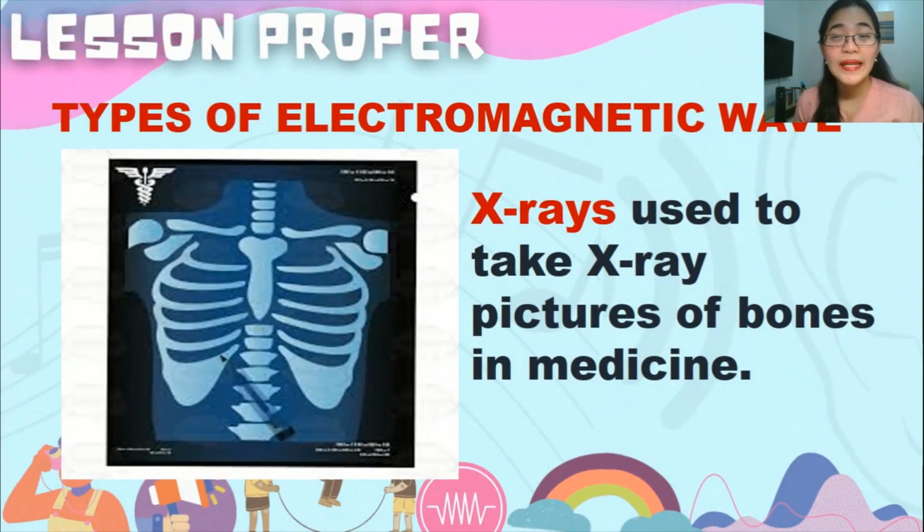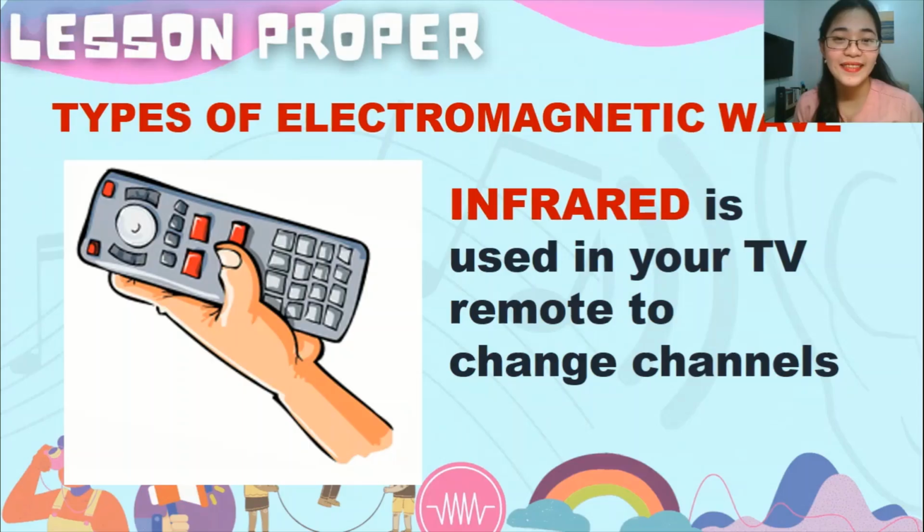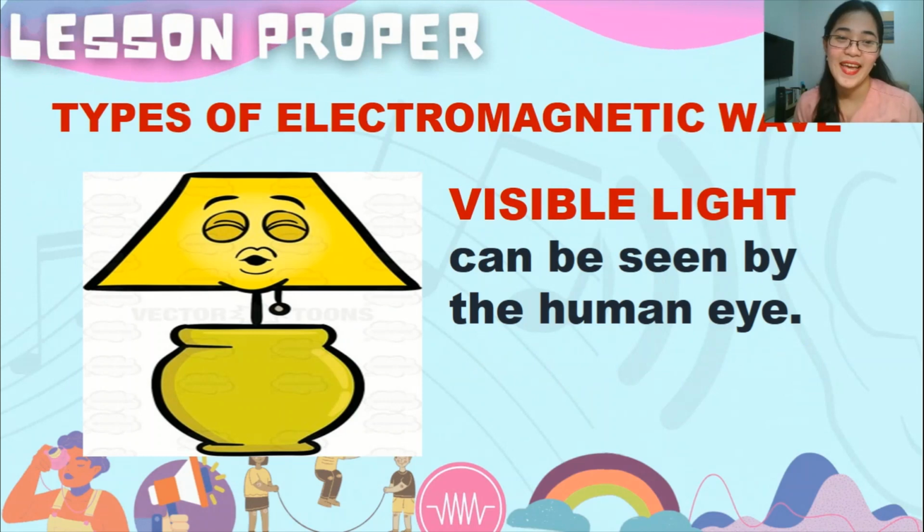Next type of electromagnetic wave is X-rays. We use this to take pictures of bones in medicine. Have you experienced that? Next, infrared is used in your TV remote to change channels. Next, visible light can be seen by the human eye.